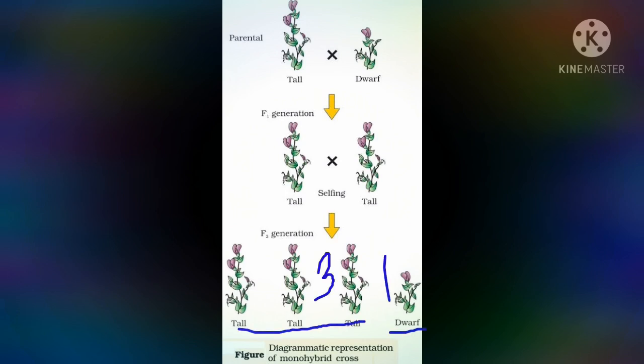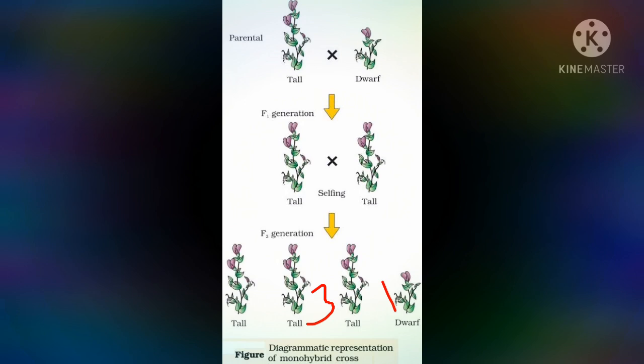In this manner he did monohybrid crosses and reciprocal crosses with all the 7 pairs of contrasting characters. Only one of the 2 characters was expressed in the F1 generation, and in the F2 generation the character which was expressed in F1 was in large number and the other in small number, and the ratio is 3:1.